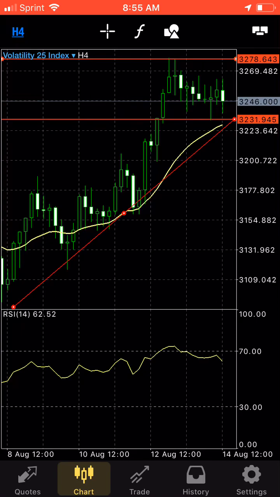But just to stick on the breakout entry that we are talking about. Let's imagine that this is a range forming. We just have to wait and see what price will do. If price breaks the range, which is 3231.945, then we allow the candle that broke that level to close.